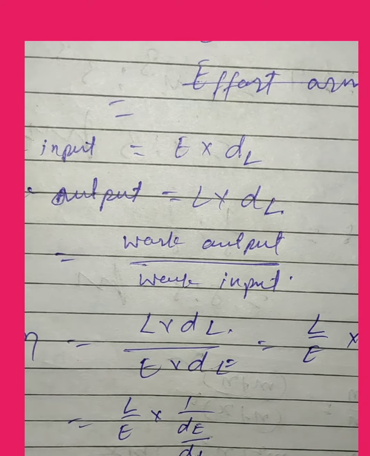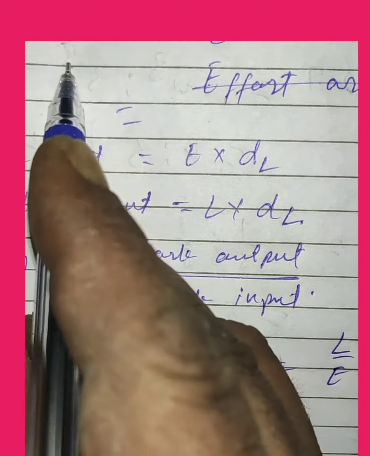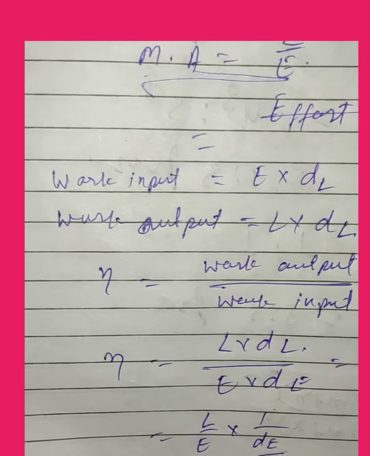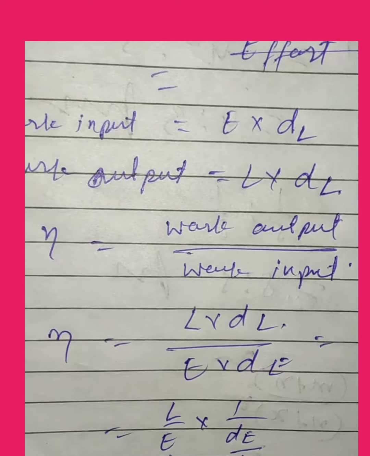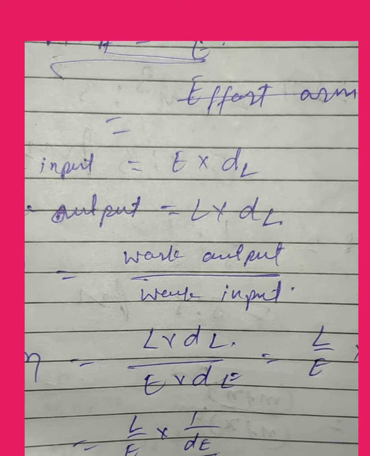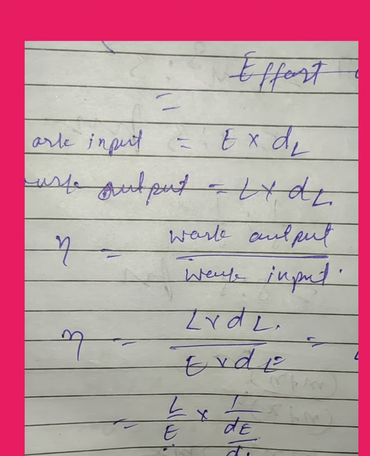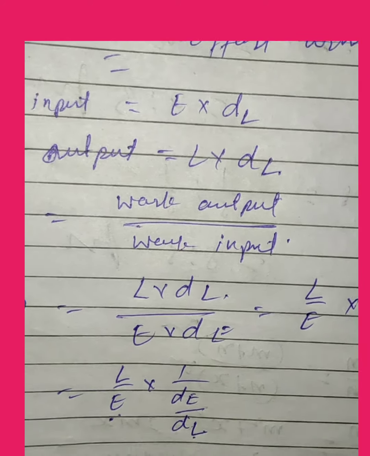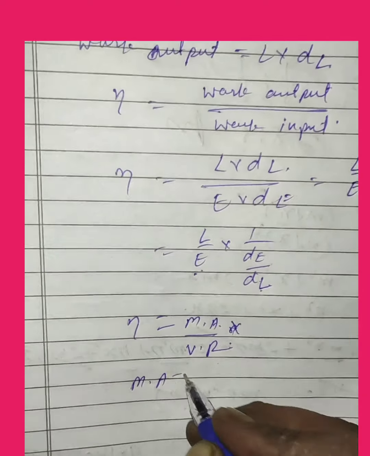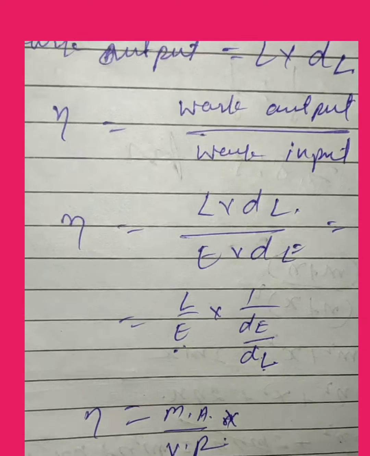We know that L over E is the mechanical advantage. So in place of L over E you can write mechanical advantage, into 1 over de over dl, which is the velocity ratio. Or we can say that mechanical advantage is equal to efficiency into velocity ratio. This is the relation.